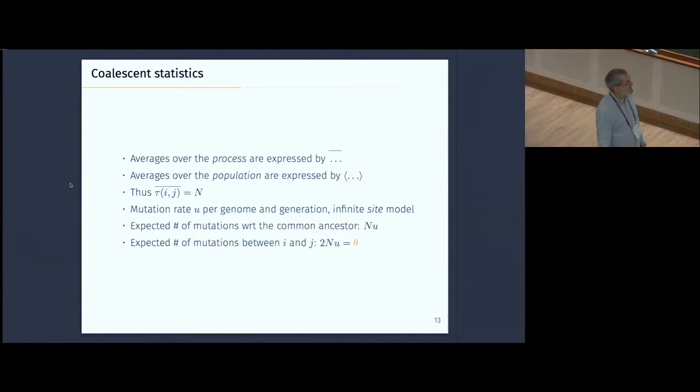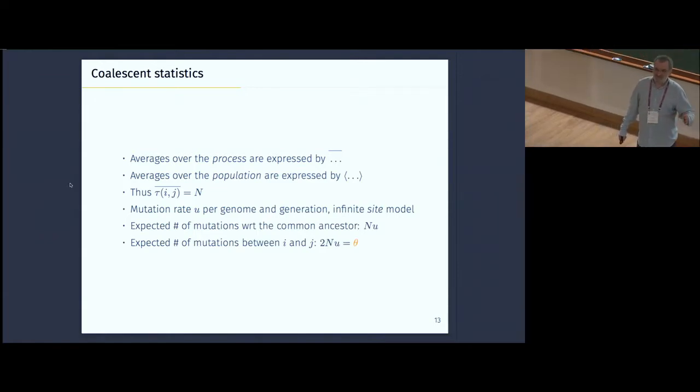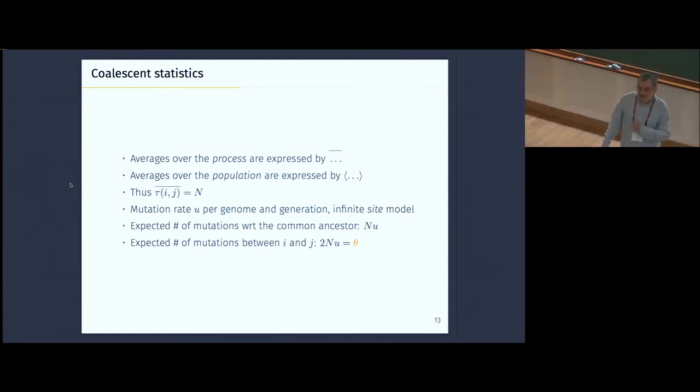Now, if you imagine that you are able to follow this population for a great number of generations, which is many times its population size, then we can average over time, and this will be the same as averaging over the process. In this sense, this is ergodic, for people who like ergodicity.